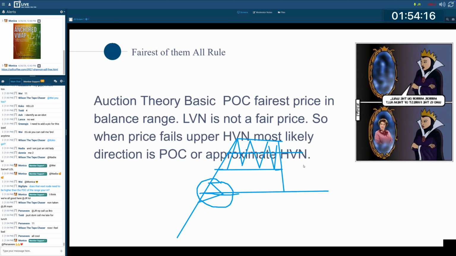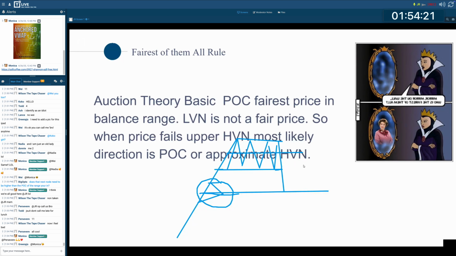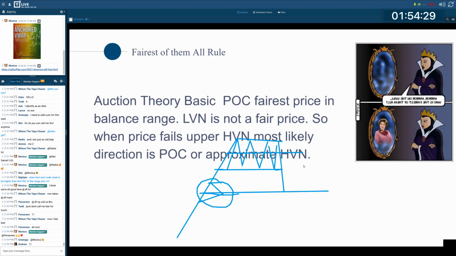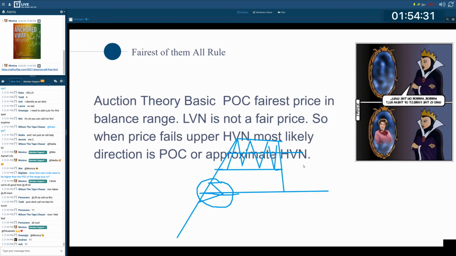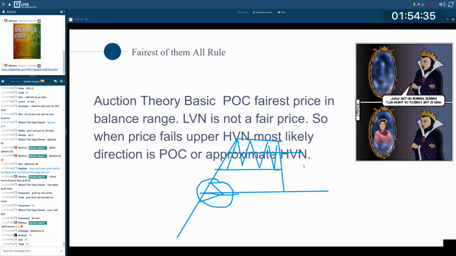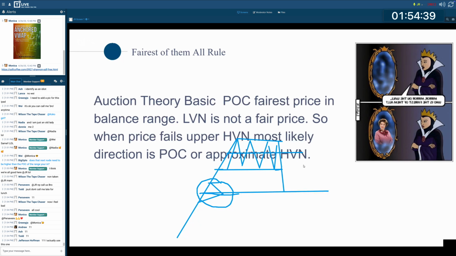Anyways, so just to recap: point of control, fairest price in the balance range. A low volume node is not fair price. Do you guys understand that concept? If you look at a low volume node and you're expecting a lot of transactional interest there and typical buying-the-dip activity, that's going to be a very risky proposition, right?